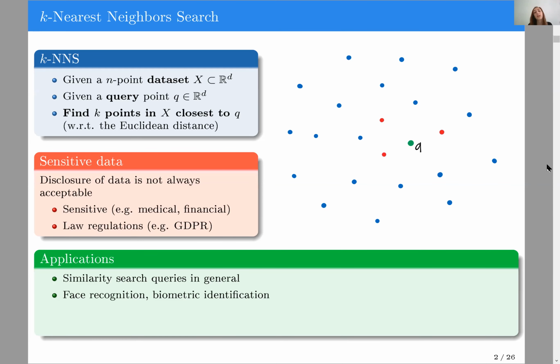You may think about face recognition applications or any kind of biometric identification, or more in general database search, such as a data set containing images or words, and many other applications.